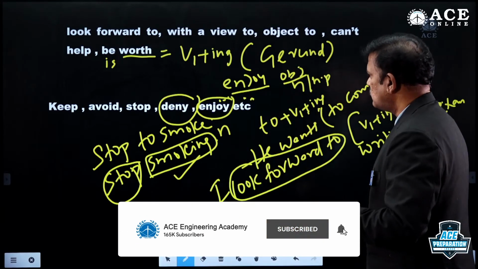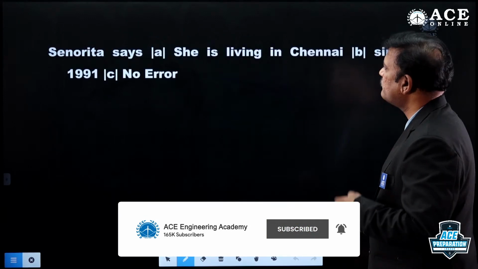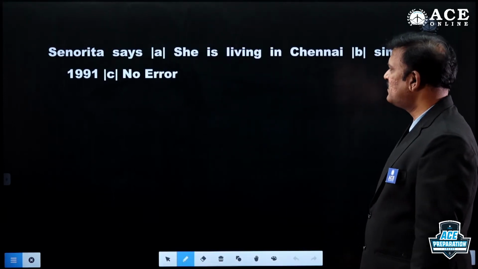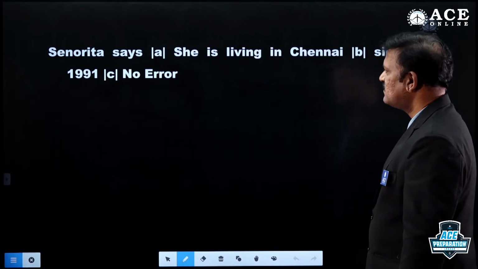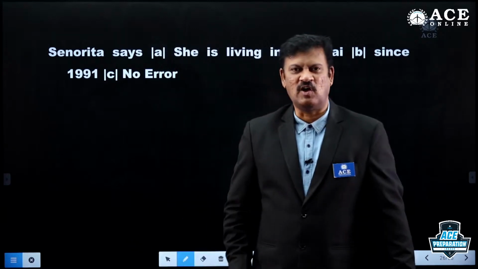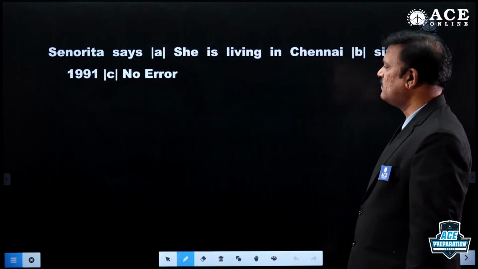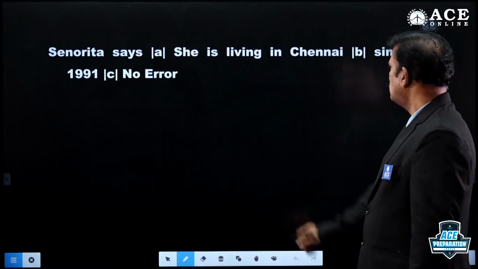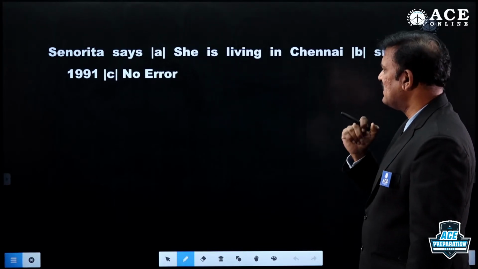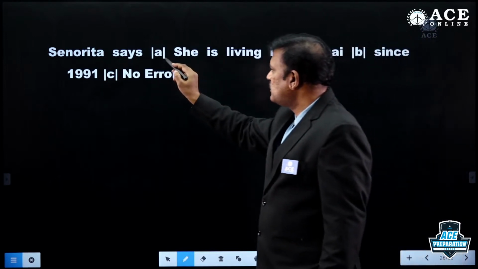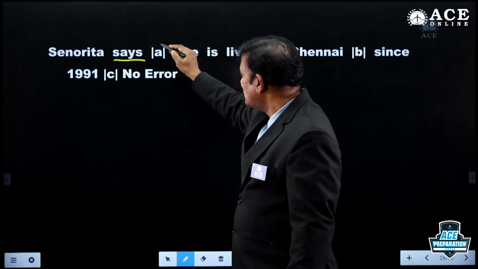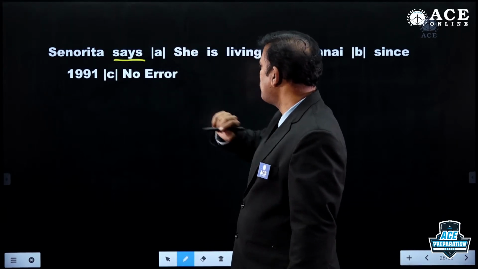Fine. So, look at this. Okay, Senorita. Senorita says she is living in Chennai since 1991. Senorita has come all the way to Chennai in 1991 and started living there. So, Senorita says she is living in Chennai since 1991. Actually, this is a complex sentence. Says, this conjunction is understood, okay?